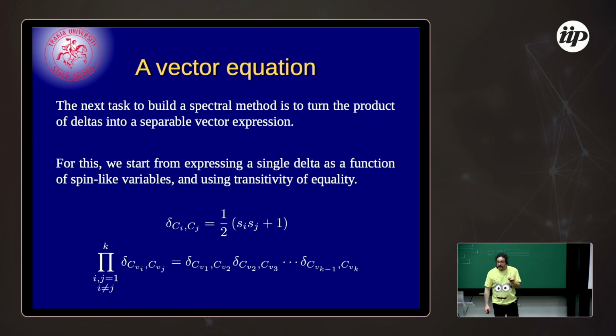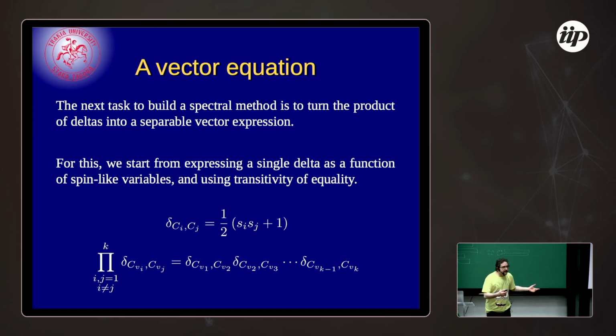But then we can start noticing two things. If that is the case, one single delta, like this one over here, we can write it this way. So the delta of the community of node I and community of node J can be written as a half of the product of the spins of I and J, the spin-like variables, plus 1.